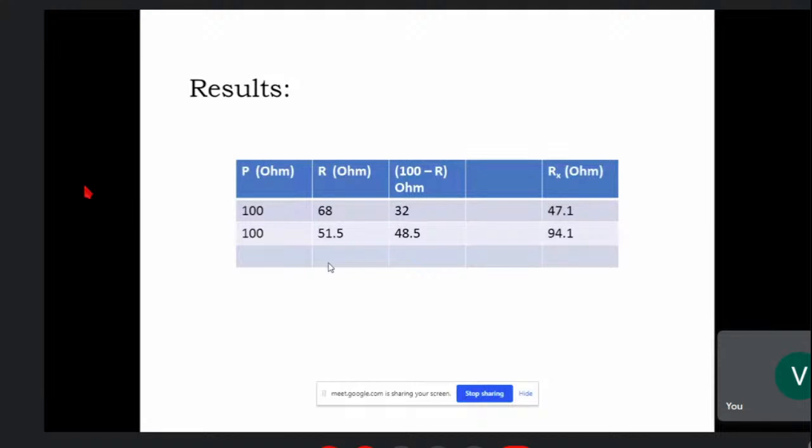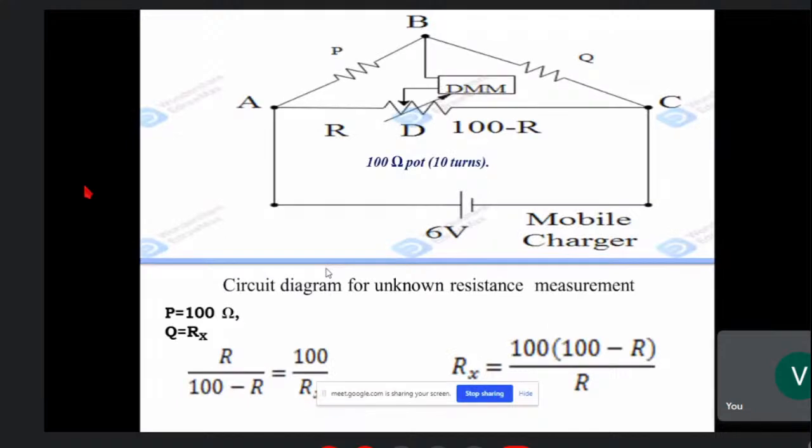Yes, that one, the first circuit. Okay, so now A to C is the full 100 ohm, and that part has been shown in the small part. So it has three terminals. One terminal at this point, one terminal at this point, one point is there.